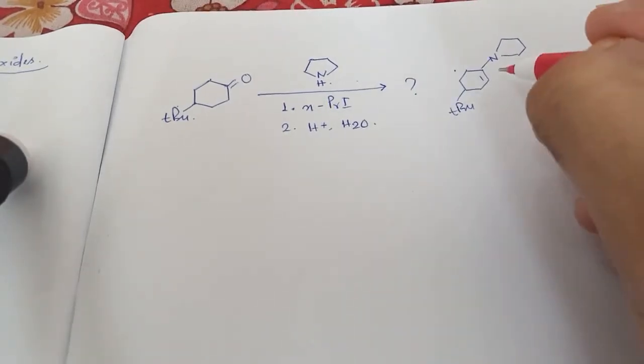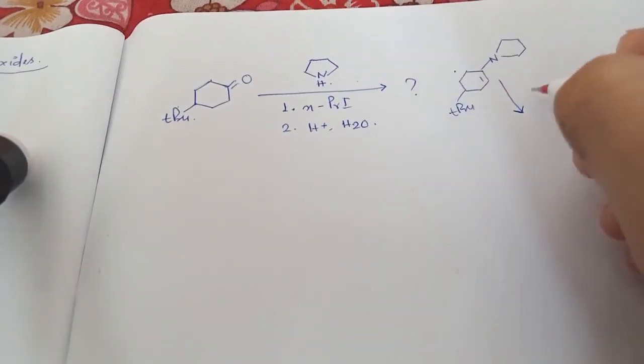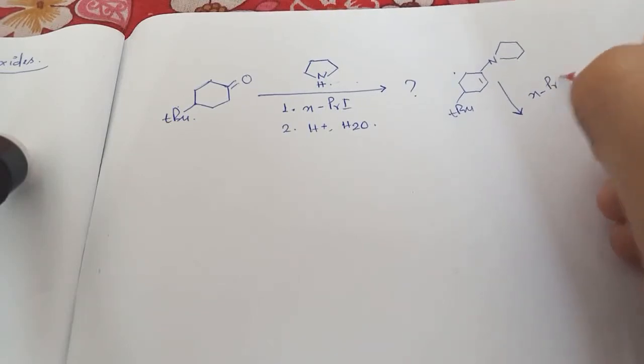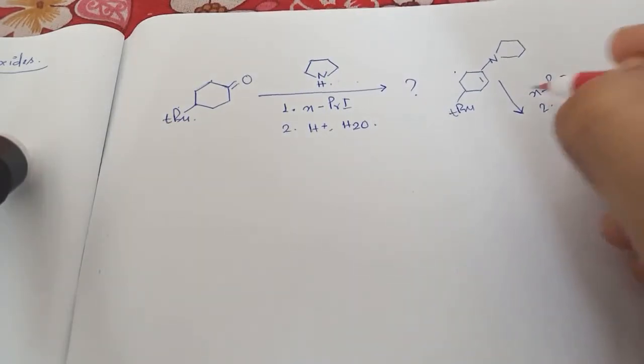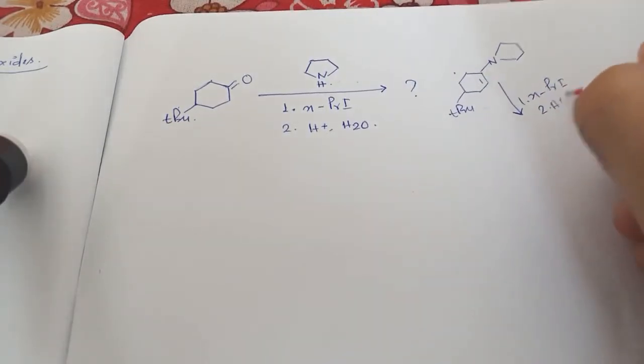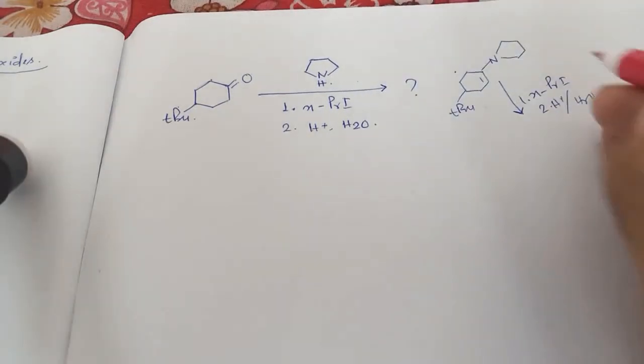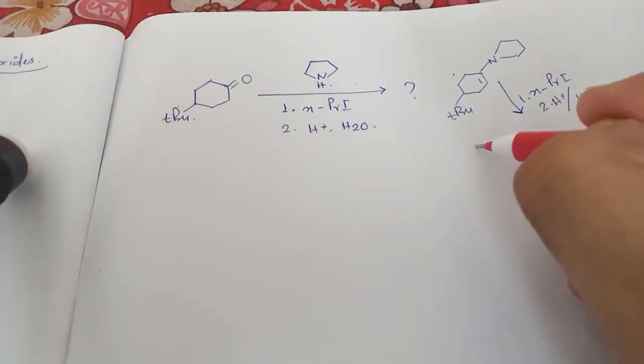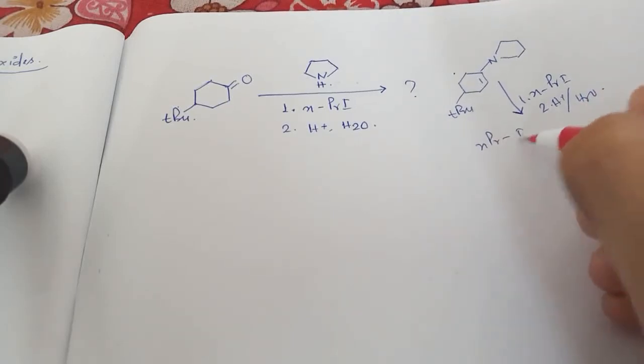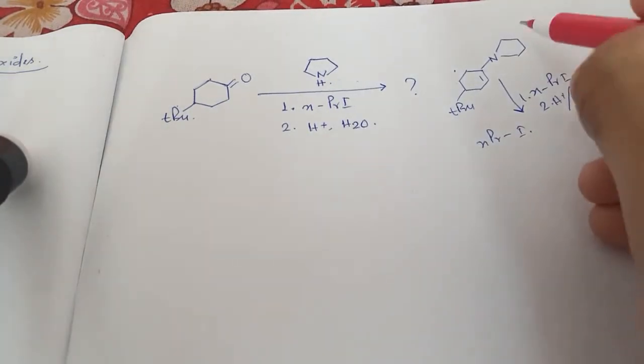Yeah, this is very common. Then it is given as NPrI2 and H plus and H2. So what will happen? This is NPr, SO2 will occur, you can predict.